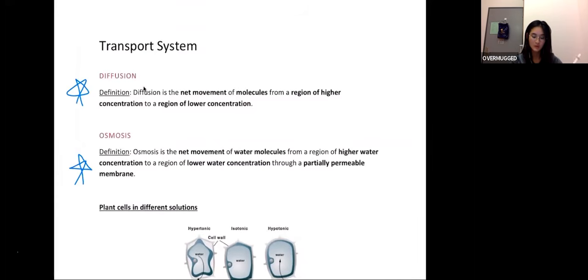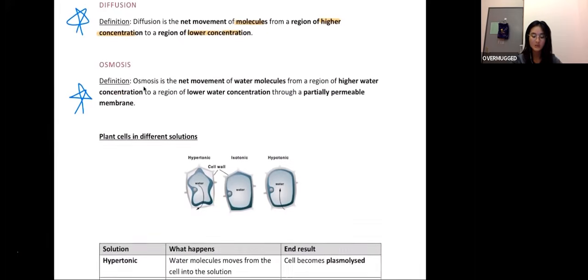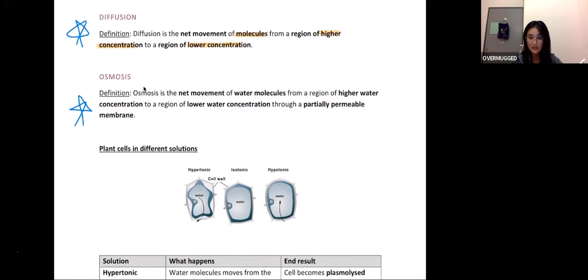So remember, diffusion is the net movement of molecules from a region of higher concentration to lower concentration. Think about it. When someone sprays deodorant after PE, after a while the whole class can smell it. Why? Because the deodorant particles diffused across the classroom. For osmosis, it is only water molecules, no other types of molecules.